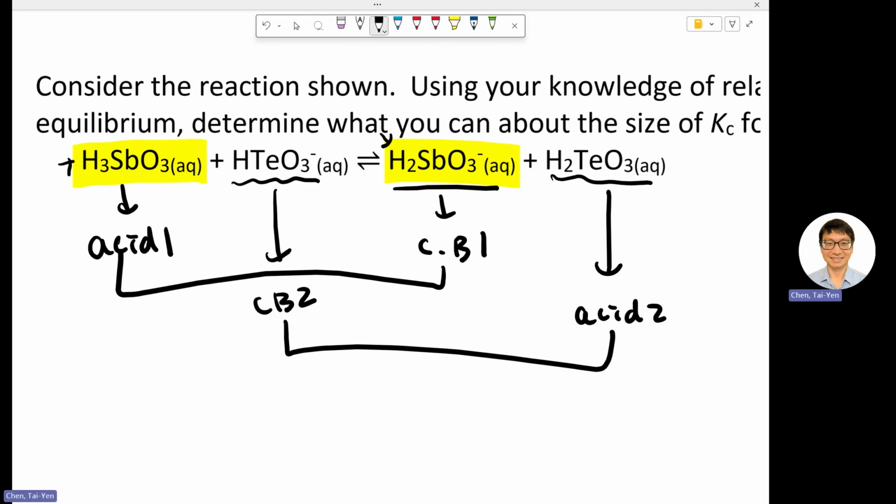What it's asking you is, you have two acids, one on each side, right? If your H3SbO3 is stronger than your H2TeO3, then the reaction will be pushed to the reactant side or product side? Let me write this down so I can think about this.